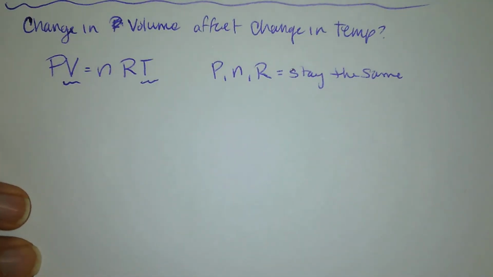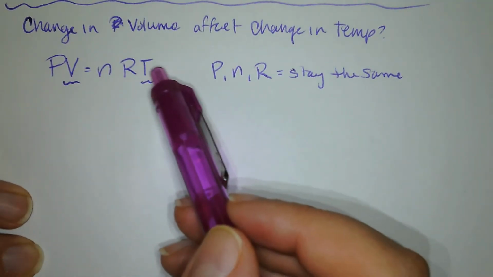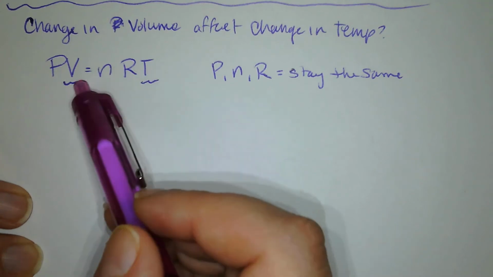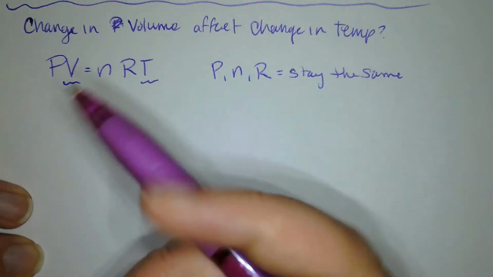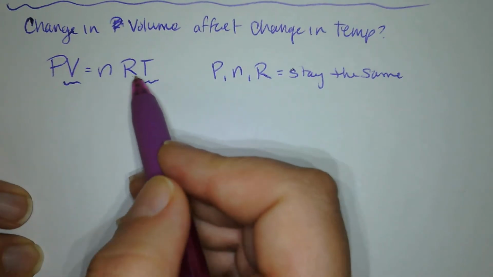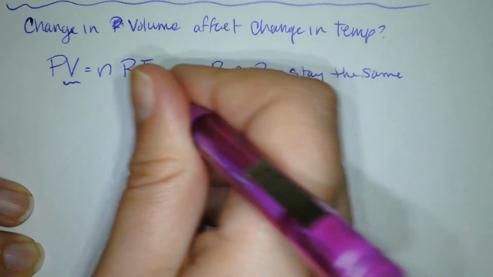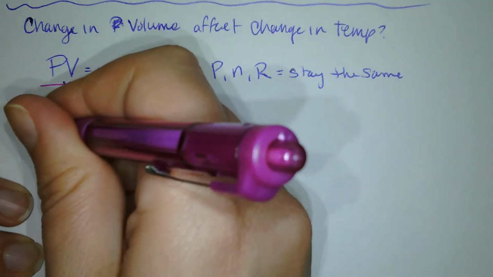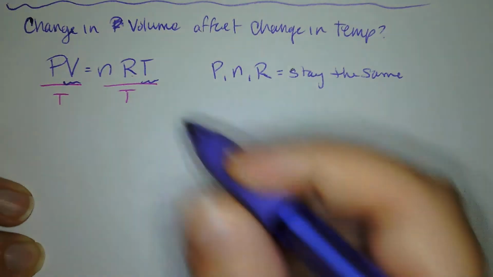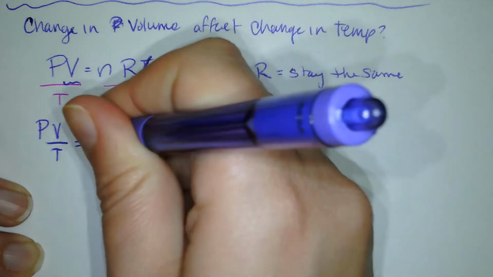This one's going to be a little bit harder to rearrange, but we want to bring temperature over to this side by dividing it away, bring it over with the volume, and then since pressure is one of the values that's not going to change, we want to bring it over to that side by dividing it away. So, in 2 steps we're going to do this. Divide out the temperature, and this cancels, so we have pressure times volume over temperature equals NR.